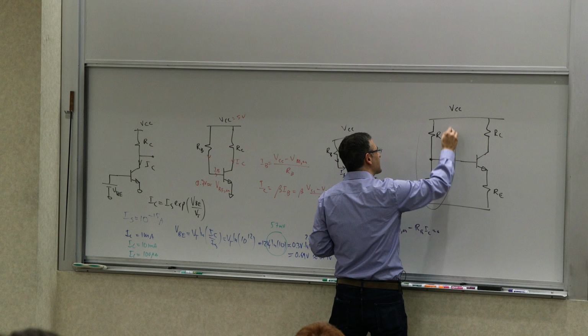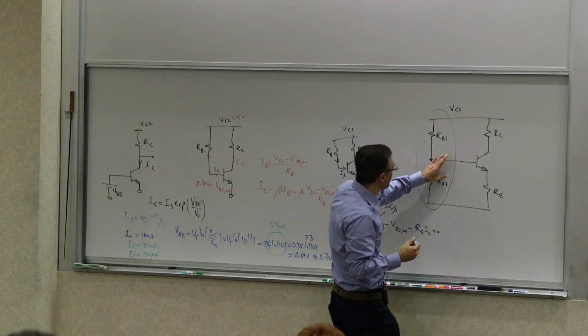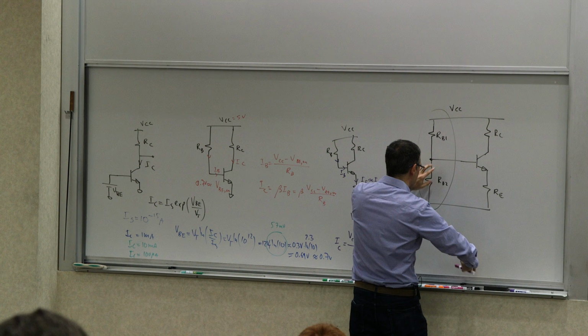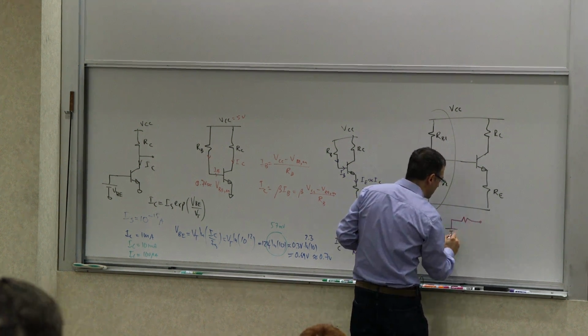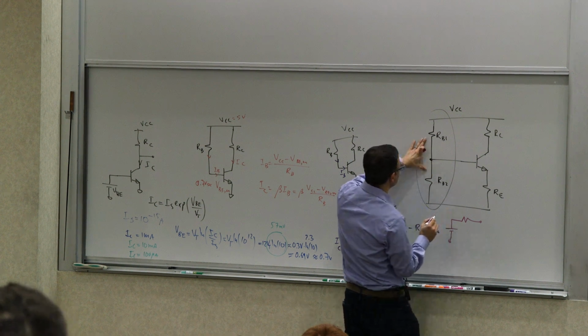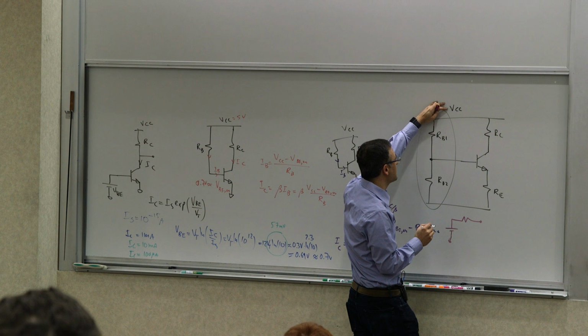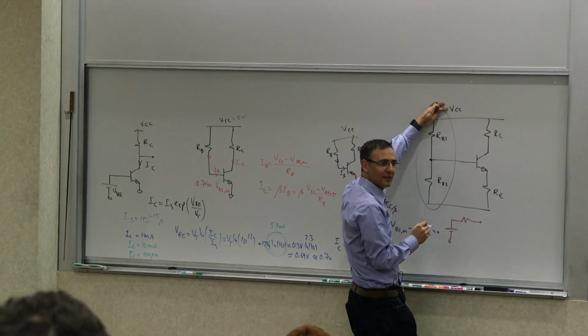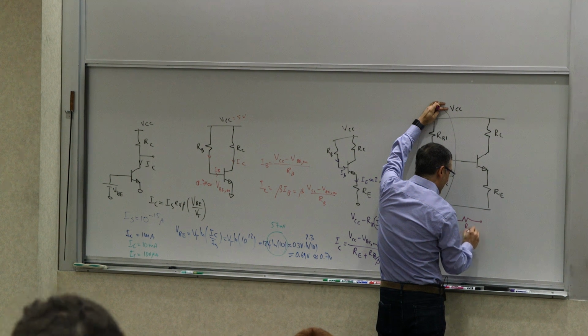What you have here is this combination, and you can think about its Thevenin equivalent. The Thevenin equivalent of this would be a voltage source in series with a resistor. That resistor is the resistance you will see when you null all the independent sources inside, the only one being VCC. If you null the VCC, what you see is RB1 parallel RB2.